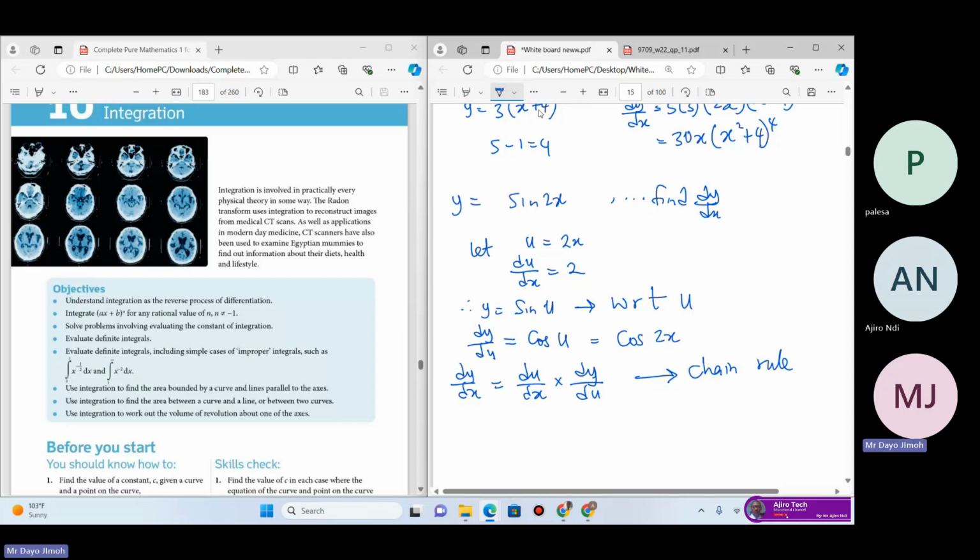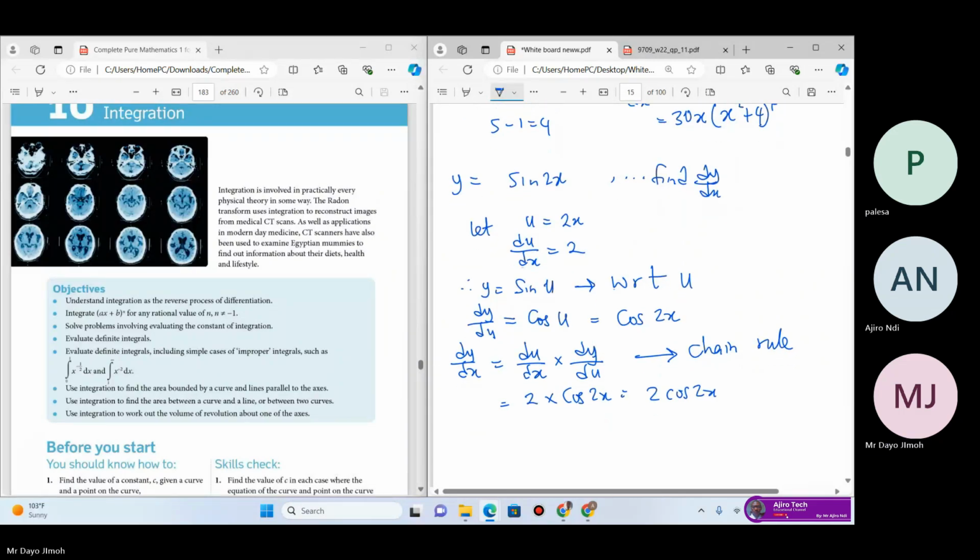Now that means that the dy up, the dx down. This du up can seem like it is cancelling, but not actually cancelling, though it works as well as cancelling. So du/dx, what is du/dx? 2. 2 times dy/du, which is cos 2x, gives 2 cos 2x, right? So this is a brief revision.